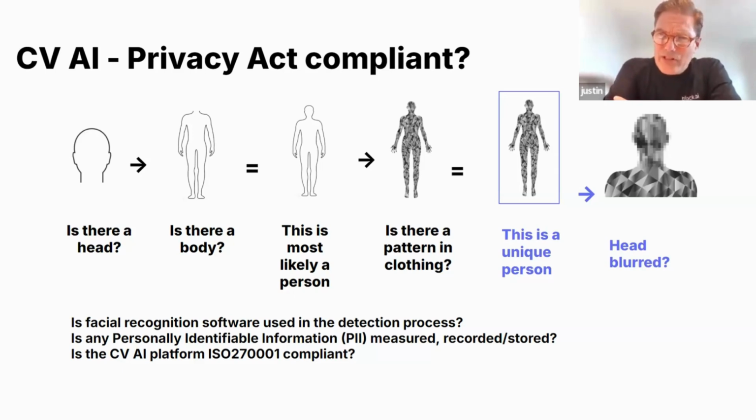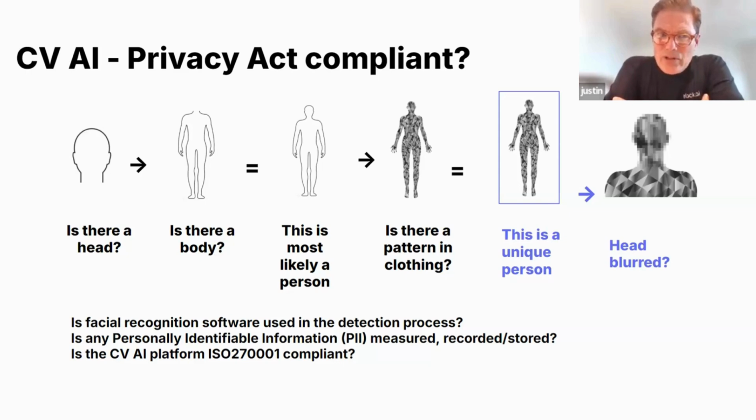So a few of the questions that I'd encourage people to ask players in the computer vision AI field is, is there any facial recognition software used in the detection process? Because clearly the facial recognition of an individual, that is one of the key sources of privacy of data.